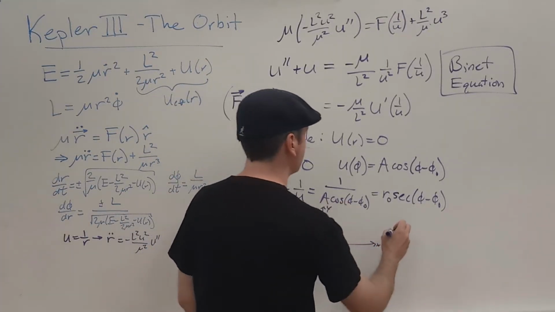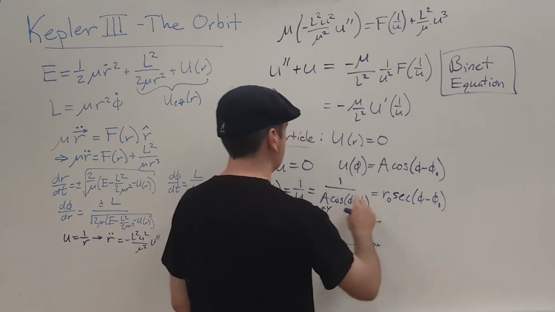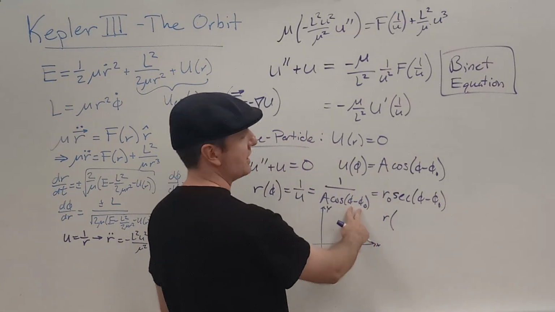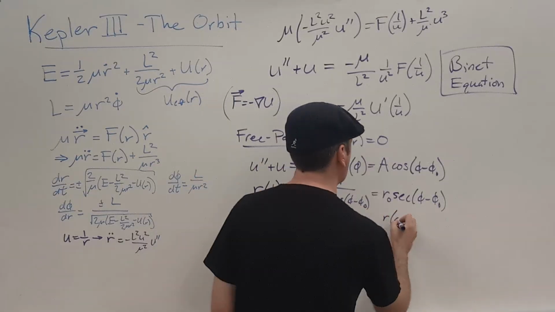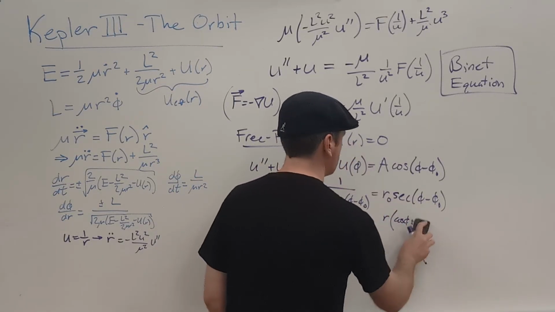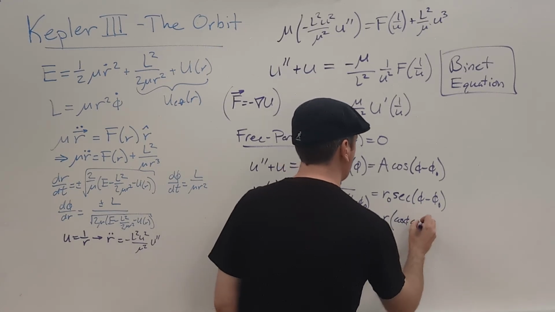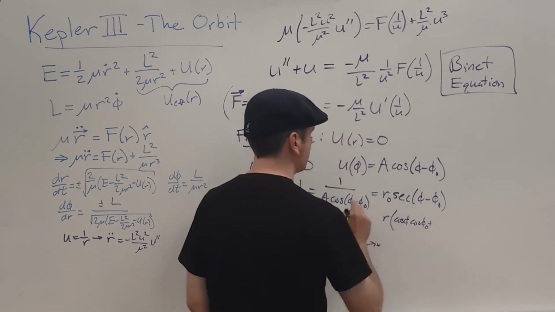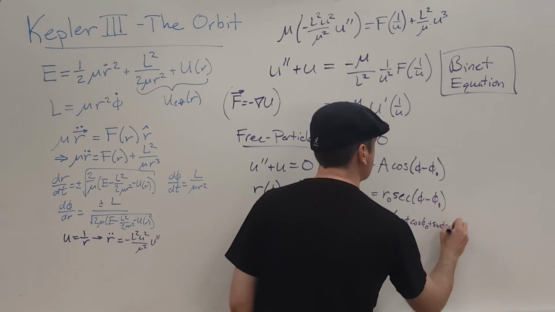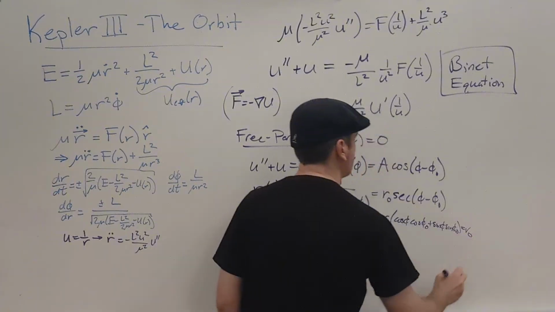Multiply back over here, and I'm going to get the cosine expansion. So r times cosine of a difference becomes cosine of the first times cosine of the second. It'll be a plus sign because of what I chose there. Sine of the first times the sine of the second, and this is all supposed to equal some constant.